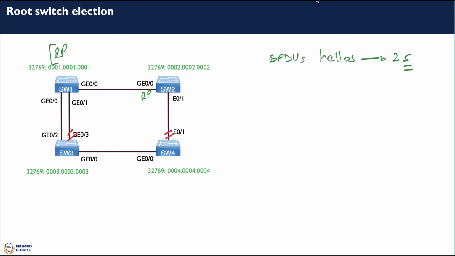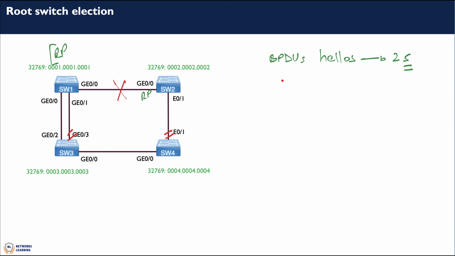If anything happens in terms of outages or anything changes, so for example you have a breakage here, the whole process is repeated once again. All the switches have to go again through the same process of electing the root bridge and assigning roles to all the ports in this topology.